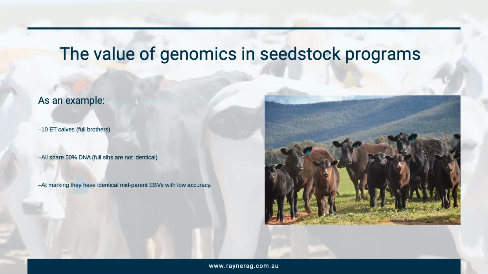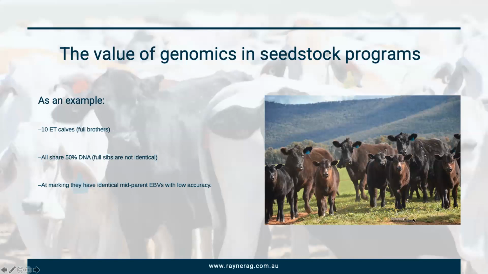Because they're full brothers, they're not identical, so the other 50% has come from the mums behind them. So at marking time, they're all going to have identical mid-parent EBVs with low accuracy, which basically means we know what dad's given to them, and we know mum's given them a little bit, but we're not going to know an awful lot about them because of that low level of accuracy.